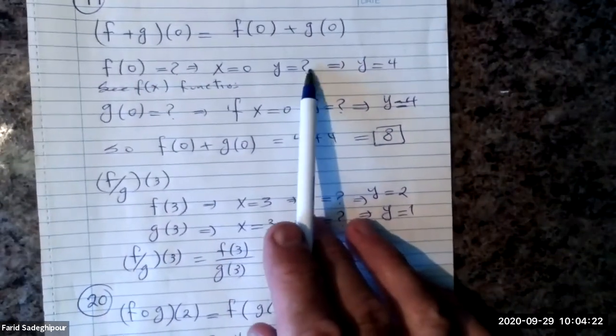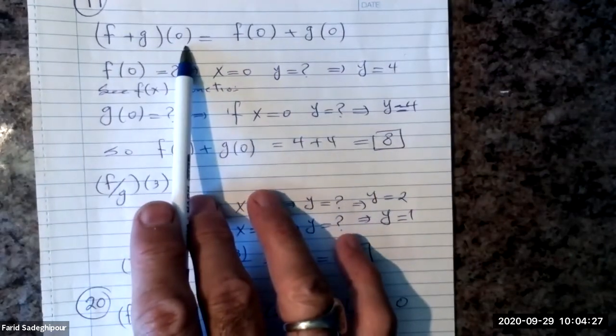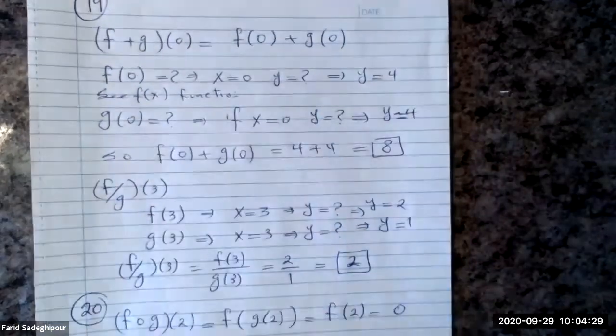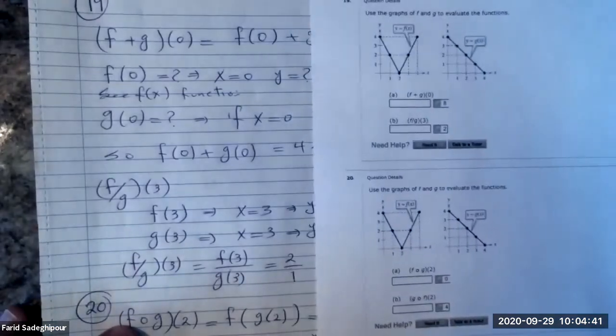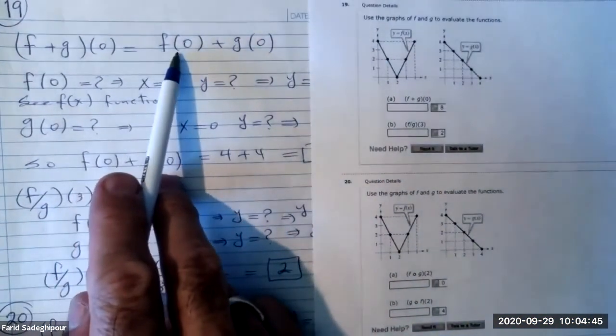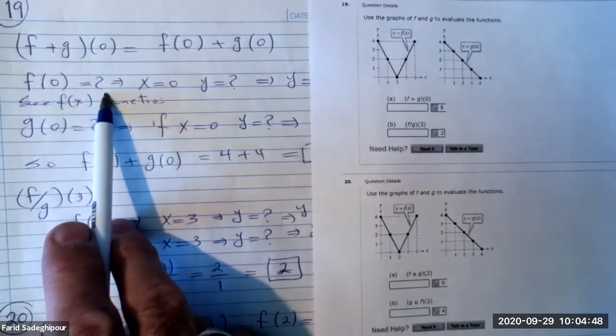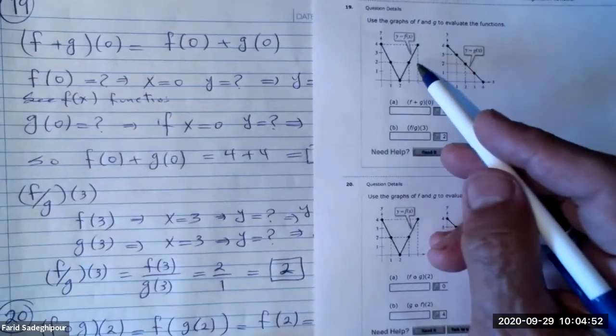Again, that means this. f plus g of 0 means you have to find it through the graph. You see the graph 19. On this graph, what is f of 0? f of 0 means when x is 0, what is the value of y? So you go to f of x, right?